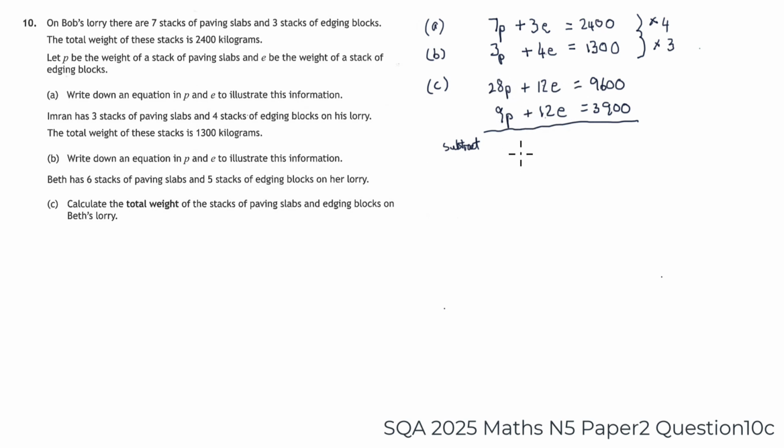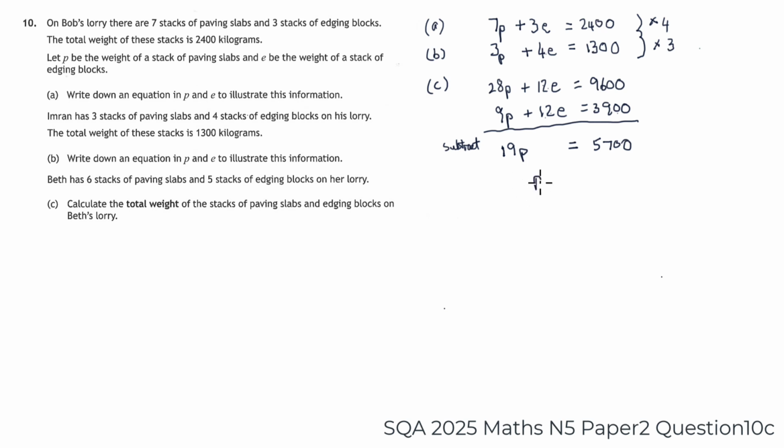So 9 from 28 is 19, so 19P. 12E from 12E is 0. 3,900 from 9,600 would be 5,700. Again, use your calculator for that.